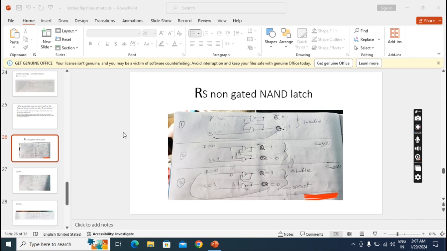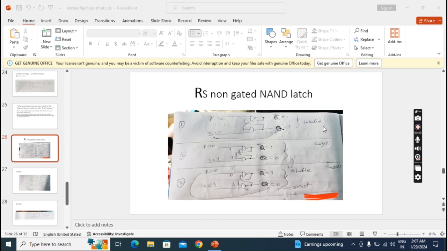Now we'll see the difference between SR and RS. Suppose in the first condition I take both inputs 0 0, here we get invalid. Even when I take SR, for 0 0 we got invalid.